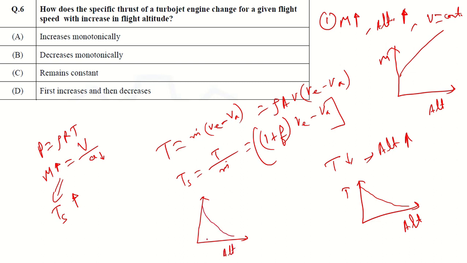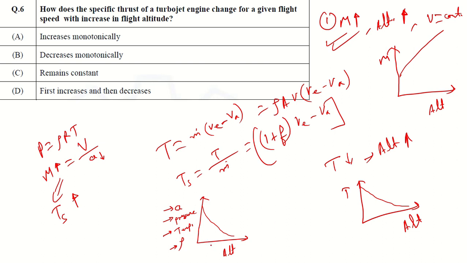This is altitude. Here we will see A speed of sound, pressure, temperature, and density all decreasing with altitude. Thrust is also decreasing, and Mach number is increasing.